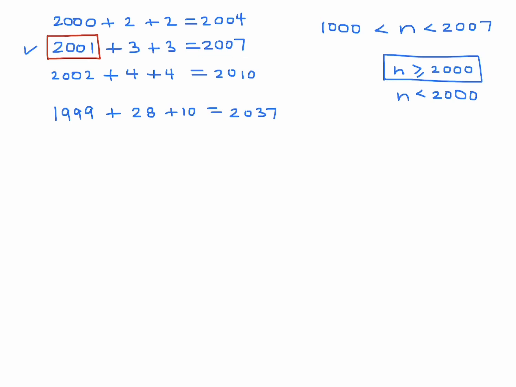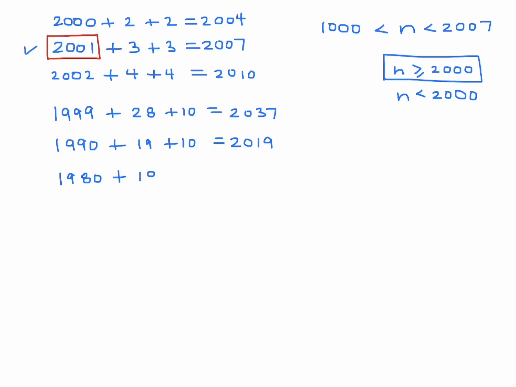Now, instead of going down every one, 1998, 1997, which is going to take forever, I'm going to go down by tens. So this one gives me 19 plus 10, and that is 2019. All right, I'm going in the right direction here. I'm getting closer to 2007. Let's go down by 10 again, 1980.